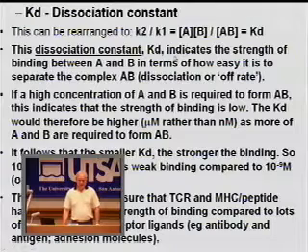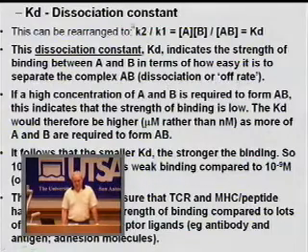So this constant indicates the strength of the binding in terms of how easy it is to separate the complex AB, that is the dissociation or the off rate. So the larger the K2, the higher the KD, the more it likes to be dissociated rather than associated.